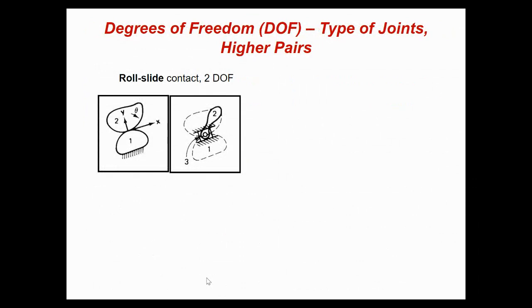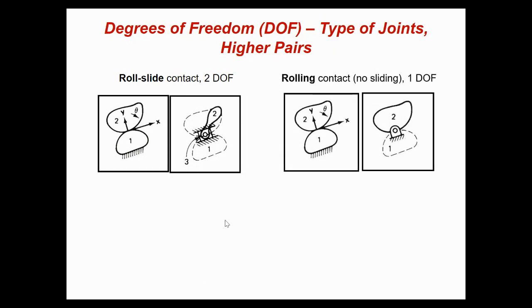So, okay. Let's talk more about the 2 degree of freedom joints. If there is rolling and sliding between 2 points, that joint allows 2 degrees of freedom.